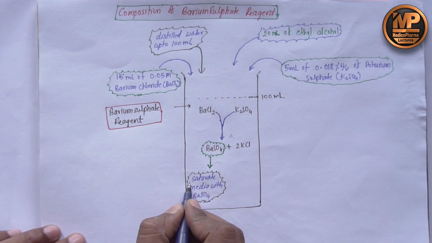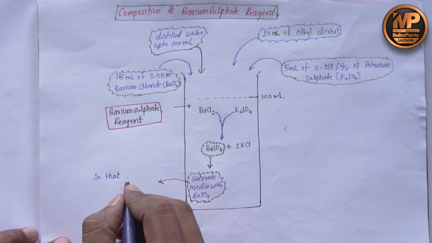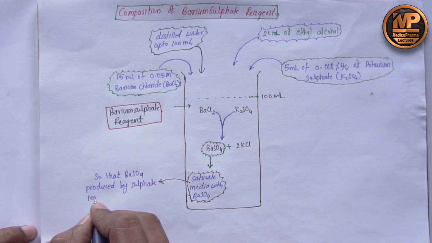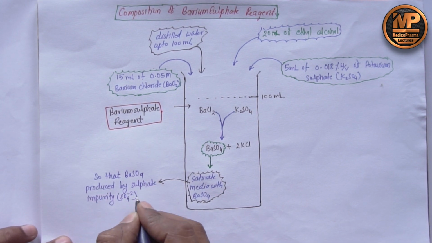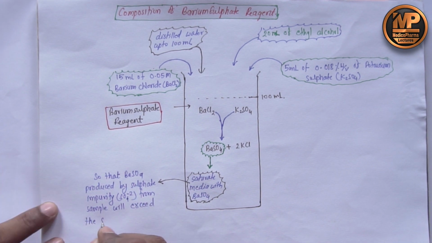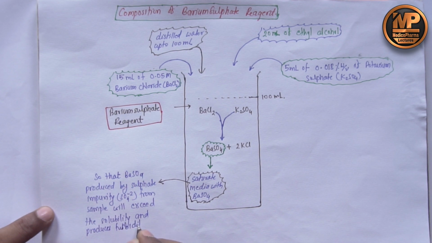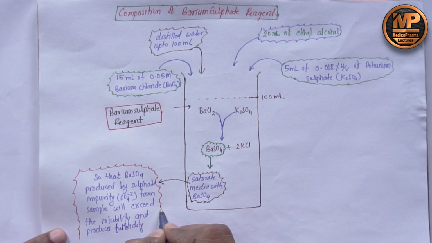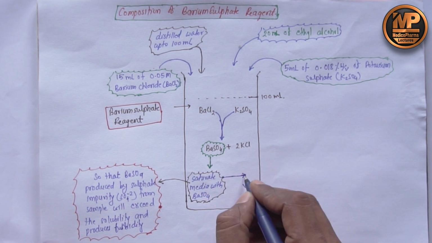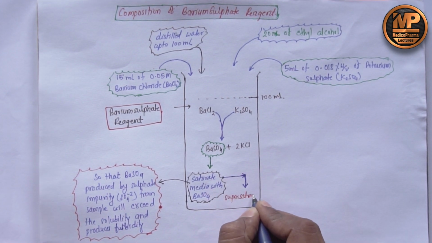Okay, so that barium sulfate, which is produced by sulfate impurity, that is SO4-2 from sample, will exceed the solubility and produces turbidity. Okay, now sometime supersaturation of the media with barium sulfate also takes place.